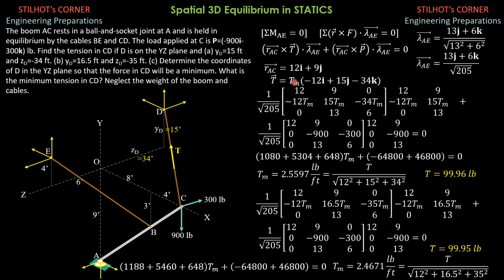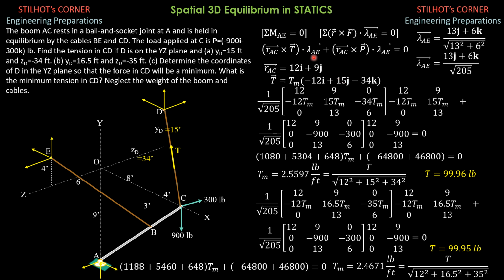So I just use T sub n, so that we can directly use the direction components. T is directed to the left 12, that's why you have negative 12i, then backward 34, that's why you have negative 34k, then upward 15, that's why you have positive 15j.